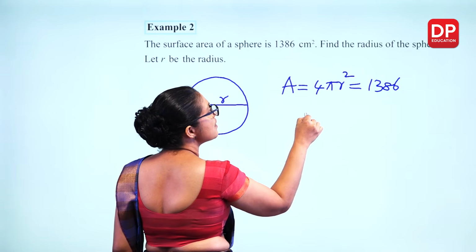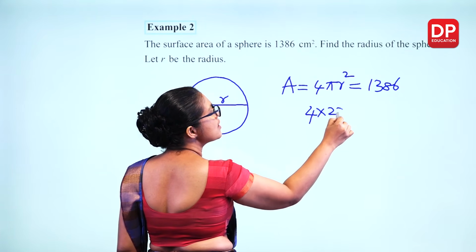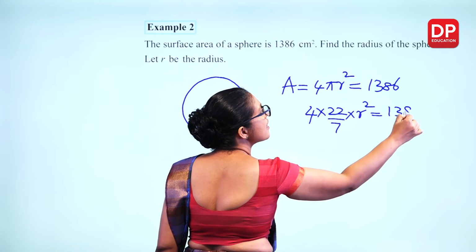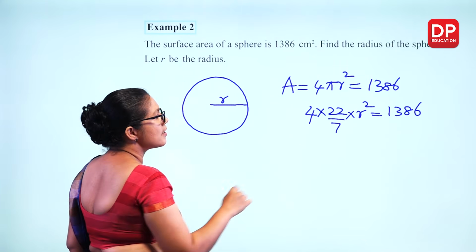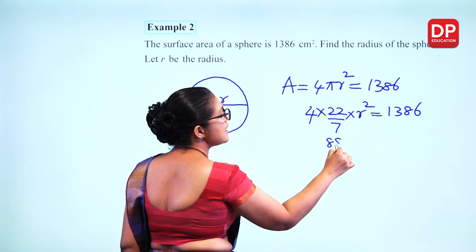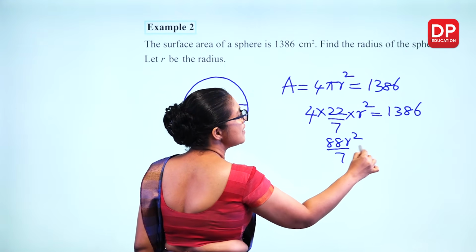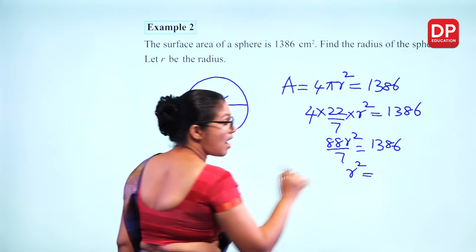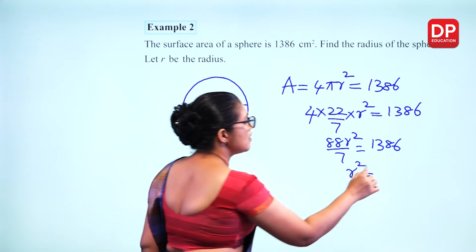So simplify this. 4 times 22 over 7 times r squared is 1386. So you get 88 r squared over 7 is 1386. So make r squared the subject of the formula.